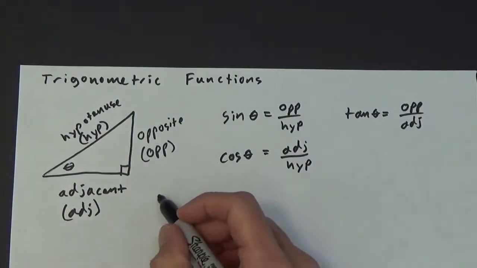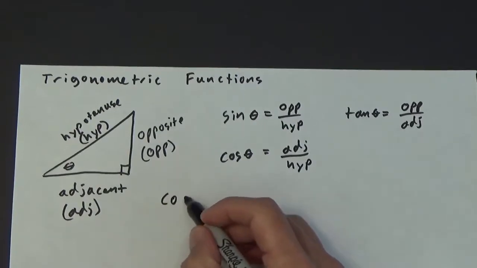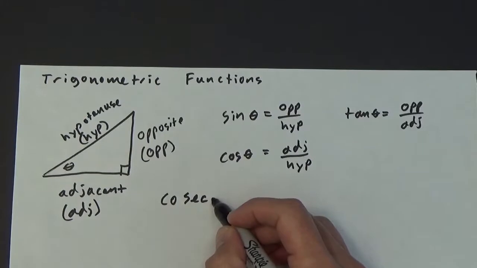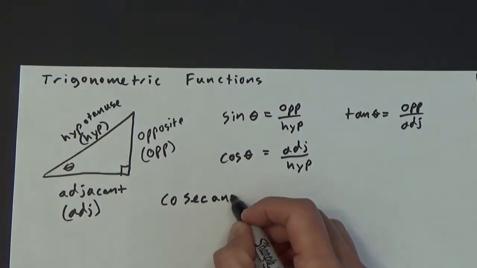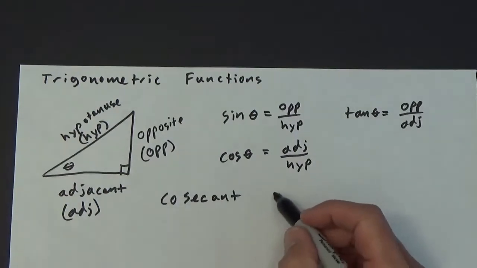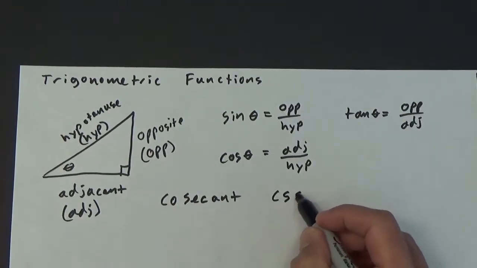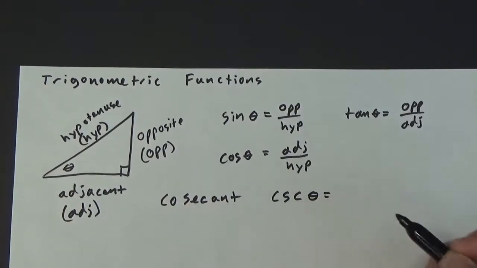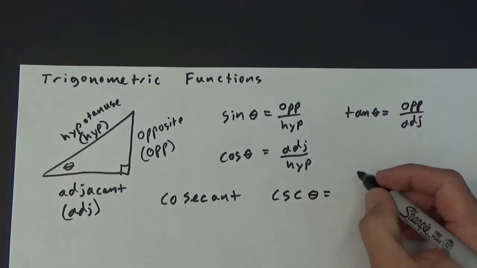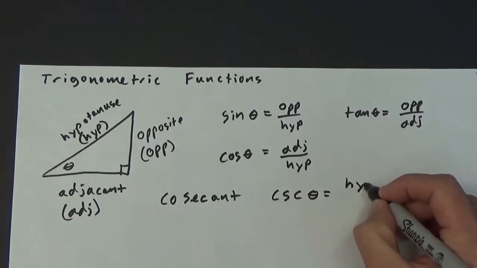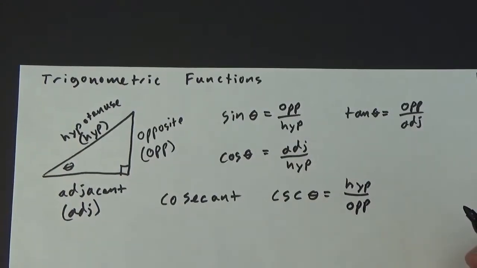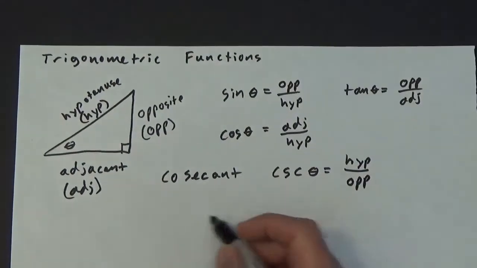The first one is the cosecant. Now the cosecant we abbreviate as CSC. Right, so this is the cosecant. And the cosecant is going to be the hypotenuse over the opposite. The next one is the secant.